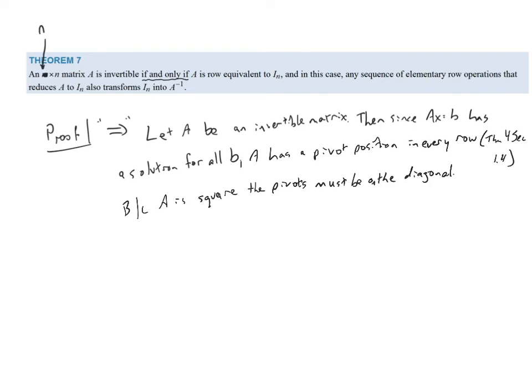Right? The pivot positions have to be on the diagonal, and that gives us what we need. Thus, A is row equivalent to the identity.